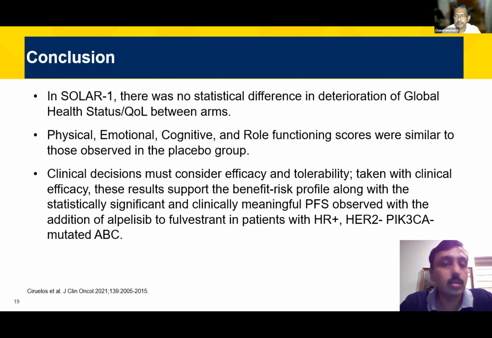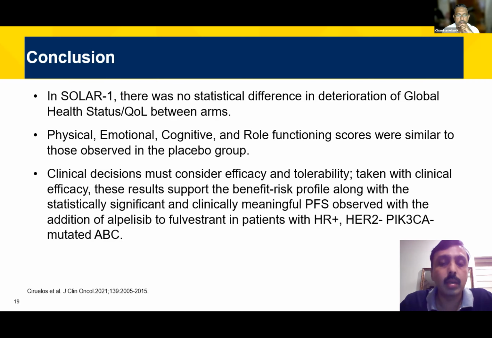In our clinic also, we are trying to analyze quality of life for at least some of our patients. Although not everyone can be persistent and not everyone can give a good answer to these questions, it is still possible, and I think we should try to do that so that it reflects what we are really giving to our patients and what is the real benefit they get from the treatments which we give them.